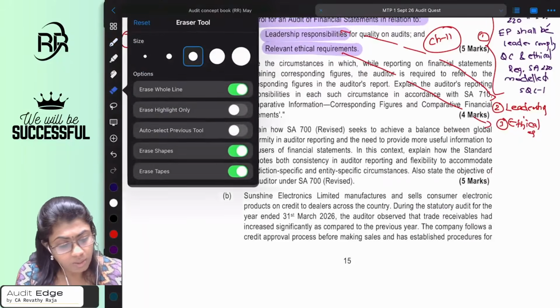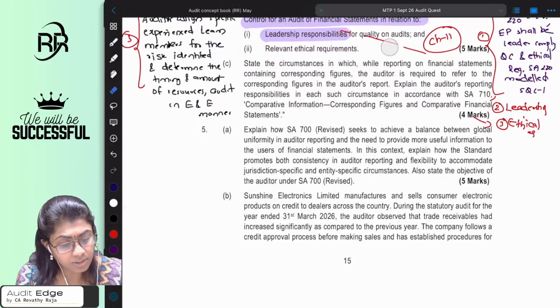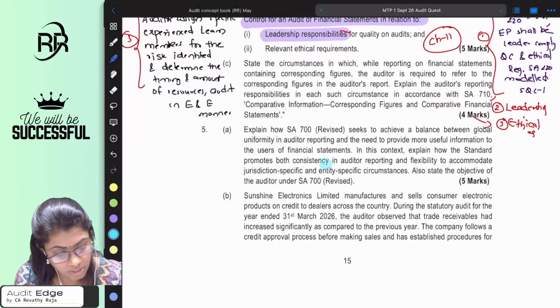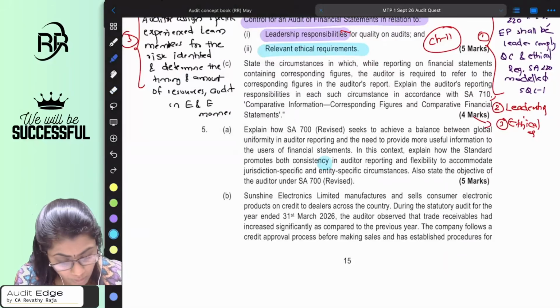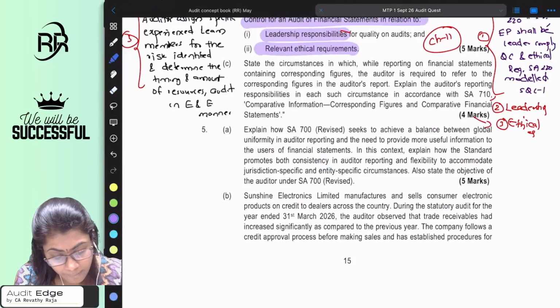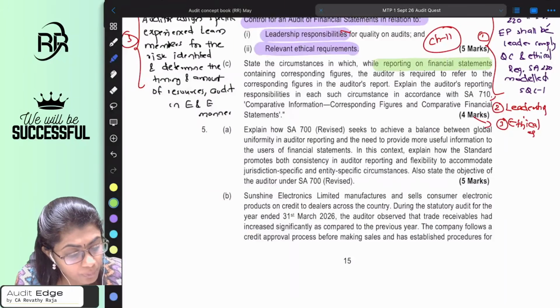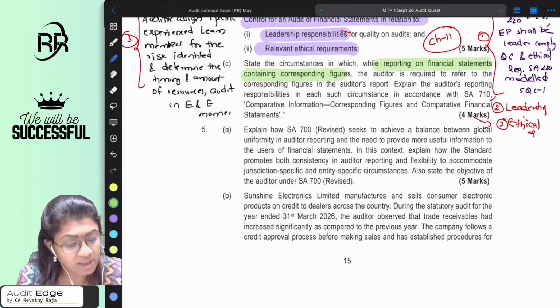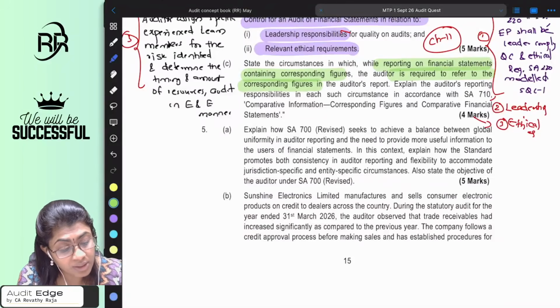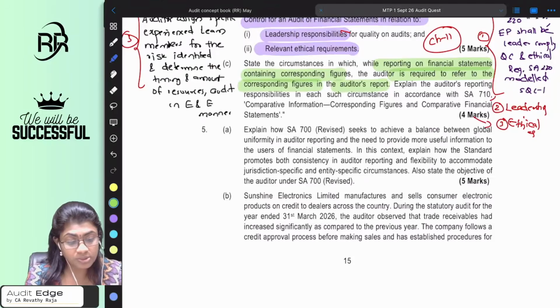Now coming to the C part. Where is the C part? Okay, this is the C part. State the circumstances in which, when reporting on financial statements containing corresponding figures, the auditor is required to refer to the corresponding figures in the auditor's report.